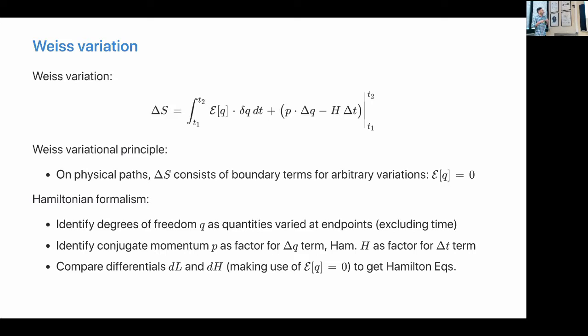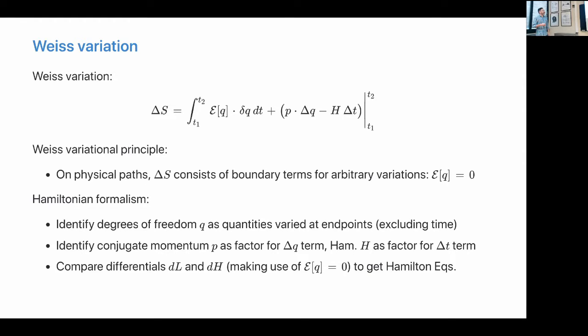Once you have this form of the variation, and you've identified the Hamiltonian, you can get to the Hamiltonian formalism in a very straightforward way. You identify the degrees of freedom as the quantities that are varied at the endpoints, excluding the time parameter. Then you identify the conjugate momenta as the factors in front of the variations of the Q's.